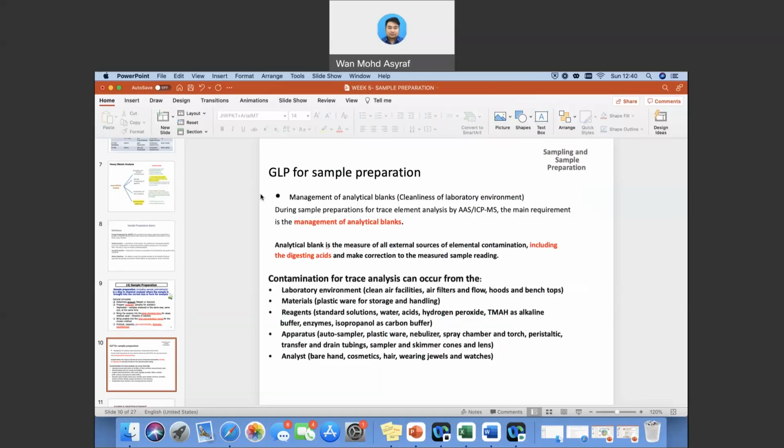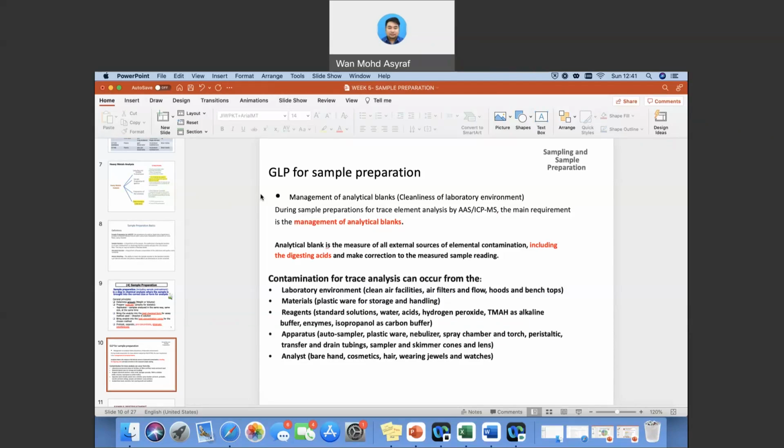It's important for you to have GLP during the preparation of trace elements, specifically, because if you didn't have GLP, sometimes your trace elements cannot be detected, or even some interferences can go into your sample.